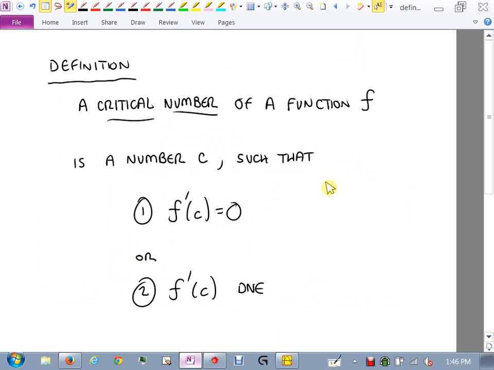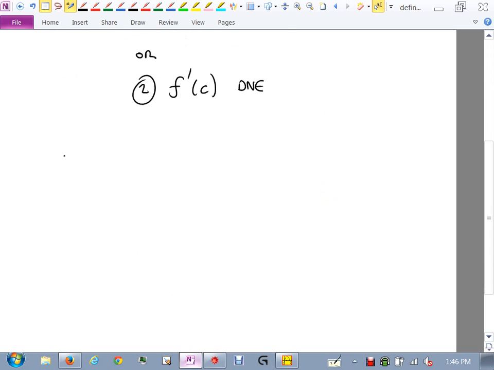So that's the definition of a critical number. And now we have a pretty major result from this.